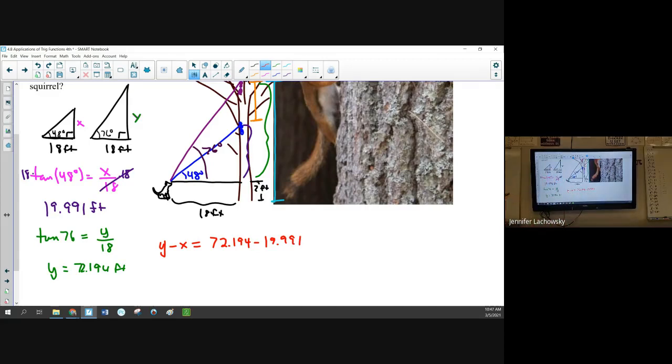And I get that distance the squirrel climbed at 52.203 feet in those seconds. Cool.